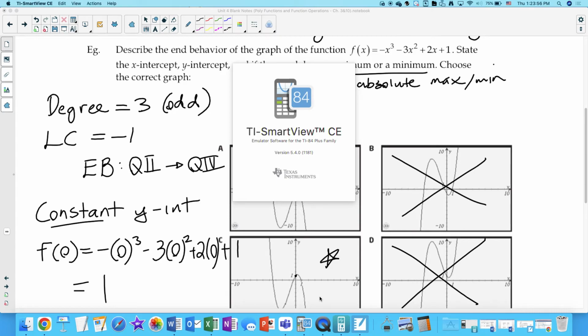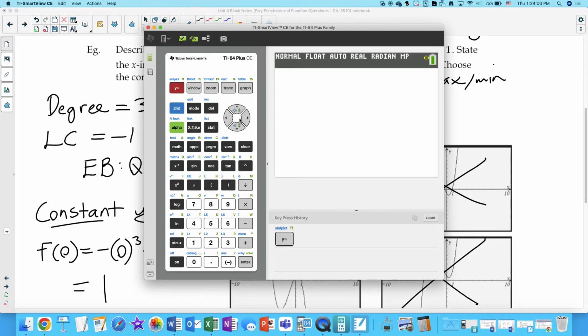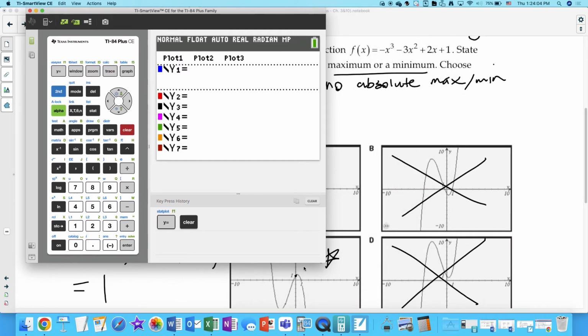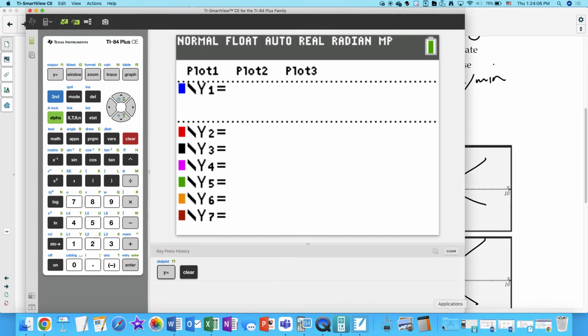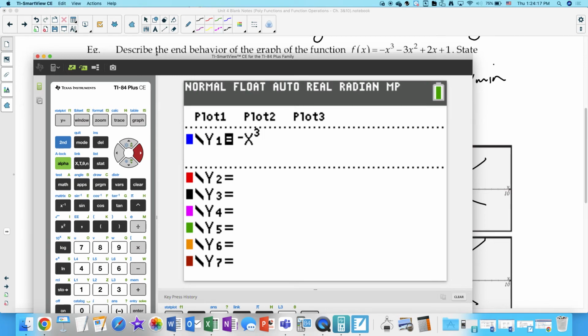So I'm just going to graph this thing. Clear. And then we can take a look at it that way. So negative x cubed. Shoot, why can I never remember this stuff? Minus 3x squared. Are you able to copy paste the equation into the... No. Wouldn't that be nice though?